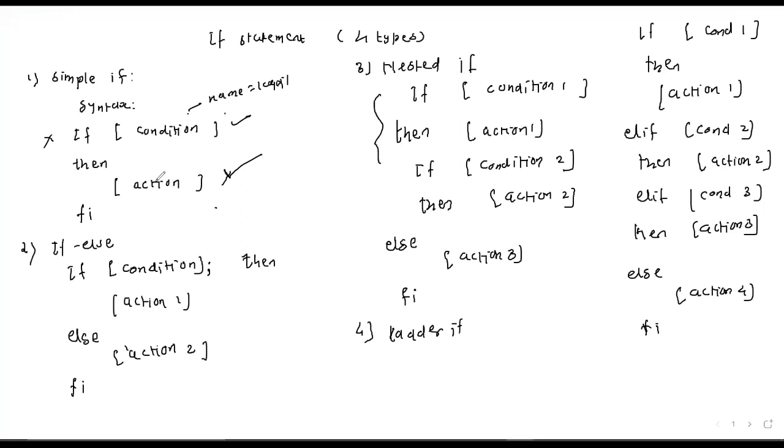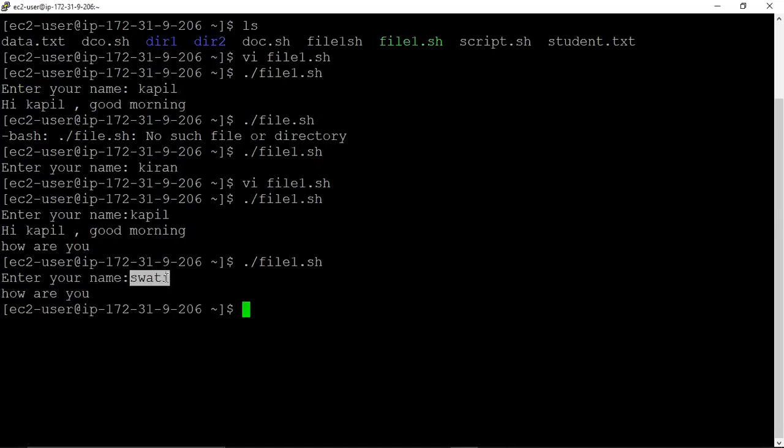If name is not Kapil, then this action is not printed, but after fi we have given one command, echo how are you, so that's why the script was showing the second part only. After entering a name other than Kapil, there is no action because that condition was not true, so it shows directly the second command, how are you.